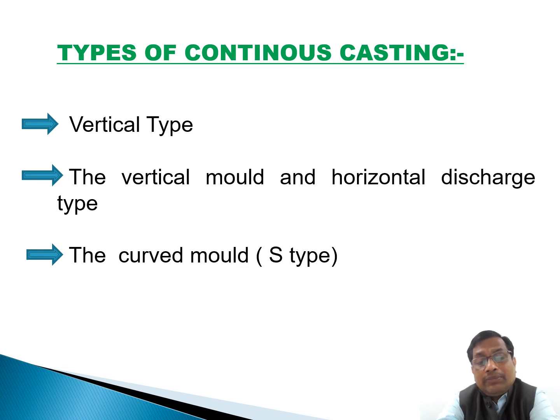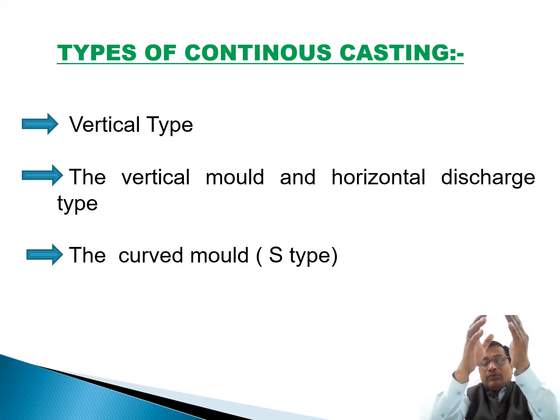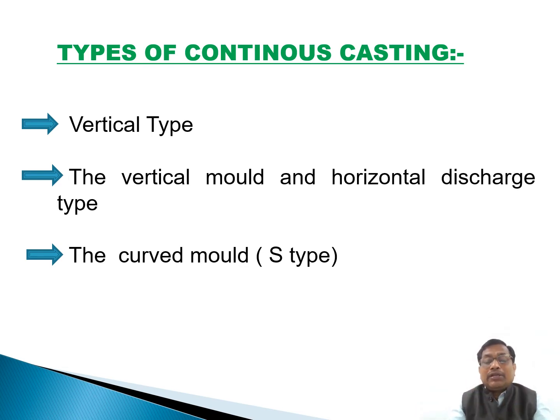First the vertical type was developed, then the second type, the vertical mold and horizontal discharge. In the vertical type, the continuous casting shop was a tall shop, because we produce the ingot at the top, then it has to come down and cool down. After cooling, we cut according to our requirement. So the shop height would be very large. They thought about how to reduce the shop height.